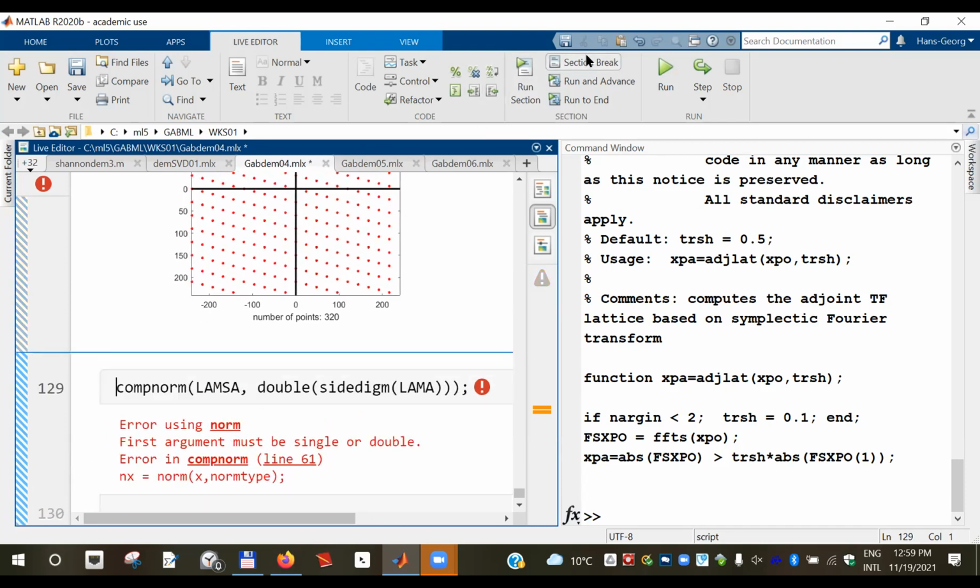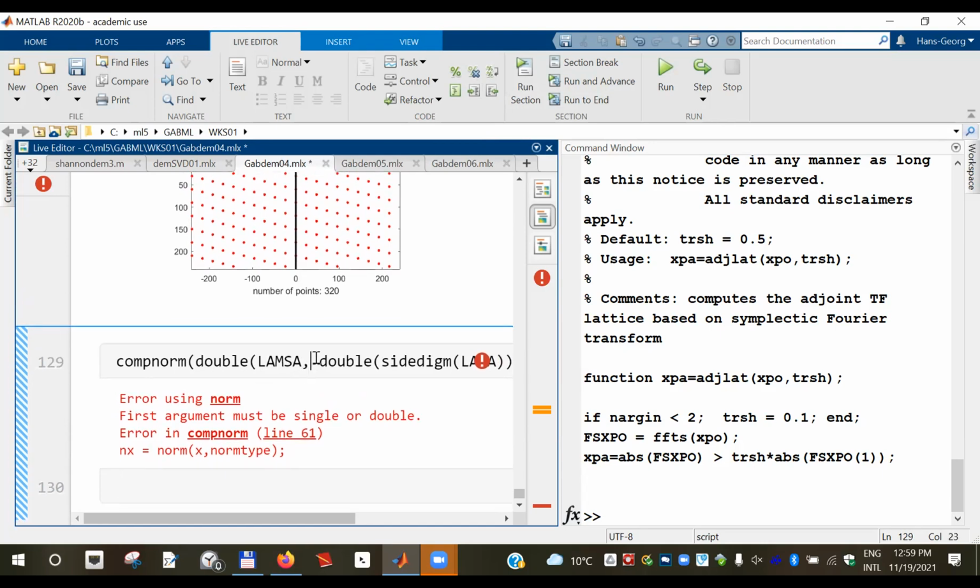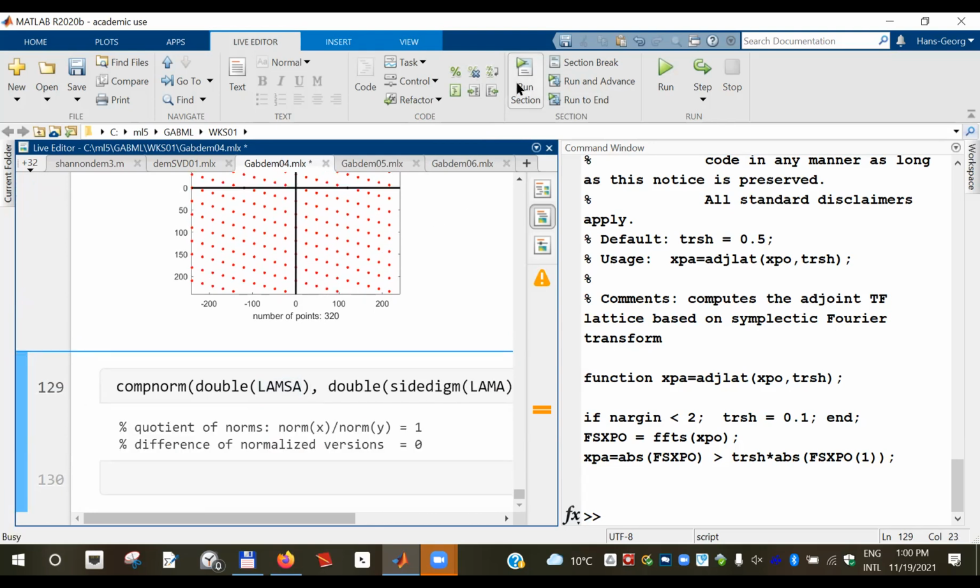I think the error is coming not because I'm doing the wrong thing, but because the lambda is just a logical vector, not a numerical vector, and the comp norm is rather for comparing numerical vectors. Kind of, this is storage. For a huge matrix with zeros and ones, you say it's just logical, you need 1 bit. Yeah, okay. And you see we're lucky. This is exactly the same.